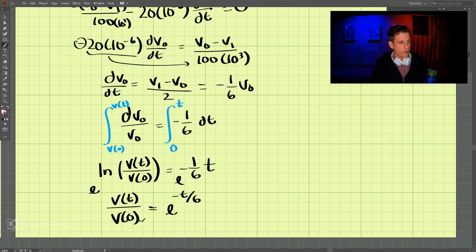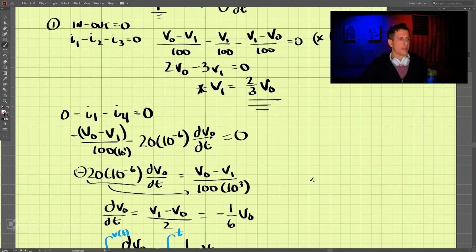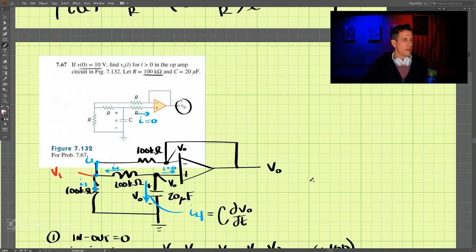And lastly, we move this to the other side. So we have V of t is equal to V naught e to the negative t over 6. Then we know that this value here, we're given in the problem, is 10 volts.